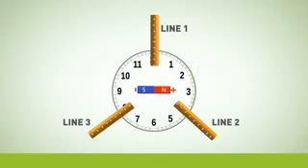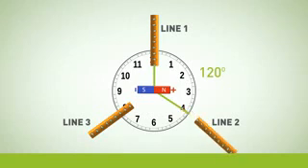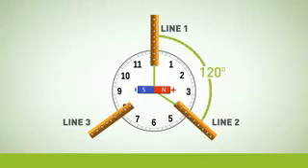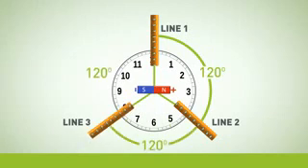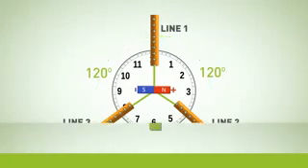When generating three-phase power, the copper lines are located 120 degrees apart. So when you're at the 4 o'clock position in our example here, that's 120 degrees away from line 1. And at the 8 o'clock position, it's 120 degrees away from both the 4 and 12 o'clock positions. The three lines are equally spaced around the circle.